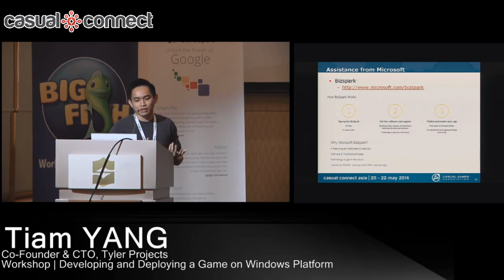So why use BizSpark? First of all, it's free, and the sign-up process is very easy. Once you have talked to the guys from Microsoft, the process is purely online, and it's quite a fast activation for your account. Once you're in the program, you are able to get access to most of the Microsoft software for up to 3 years.